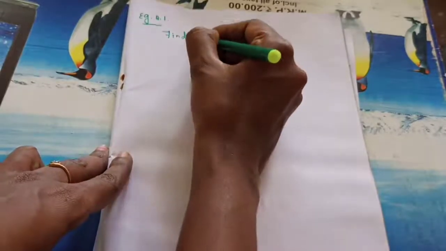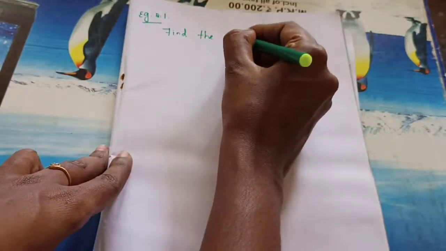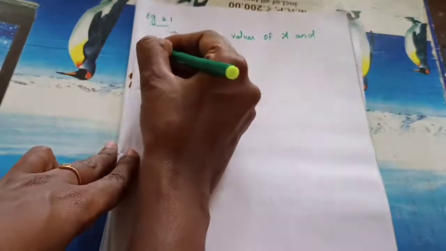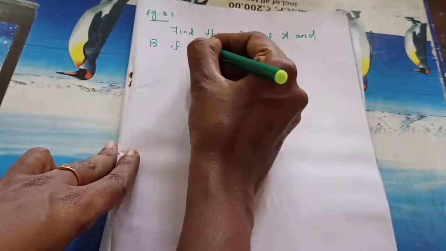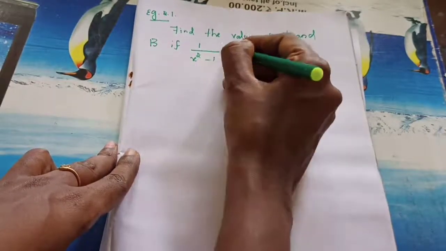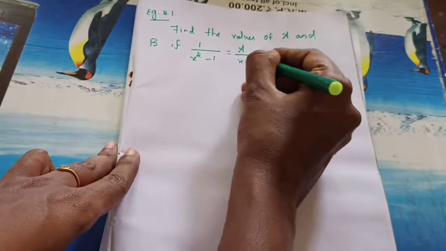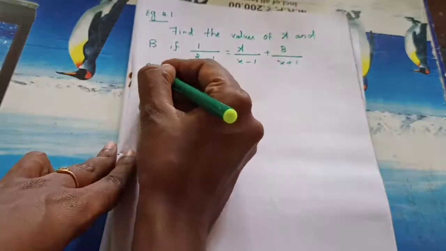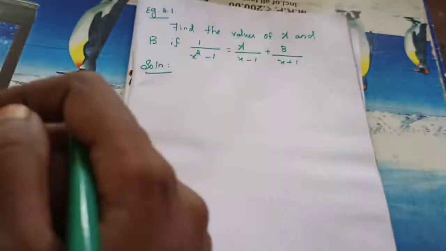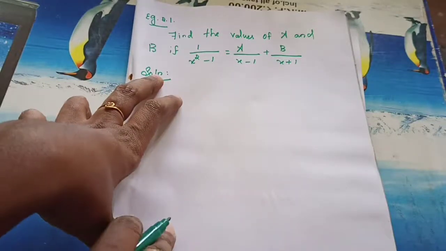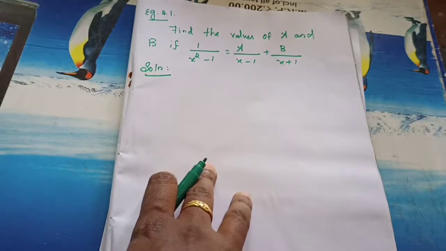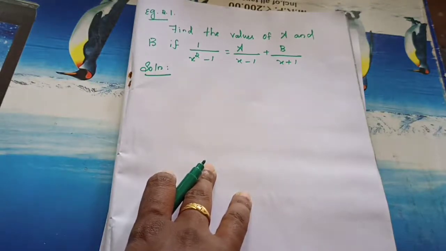Find the values of A and B if 1 by x square minus 1 is equal to A by x minus 1 plus B by x plus 1. Solution. In your question itself, they have split it: 1 by x square minus 1 is equal to A by x minus 1 plus B by x plus 1.